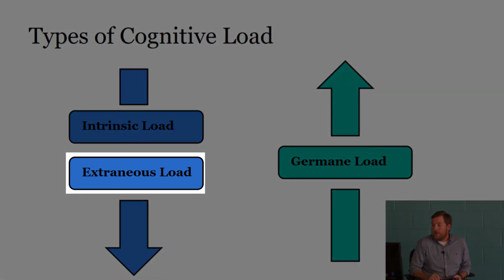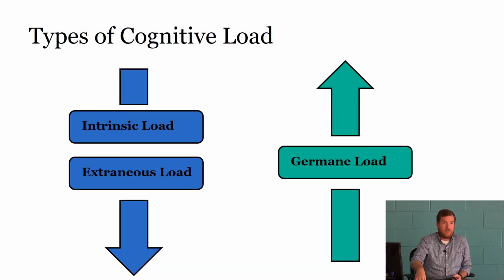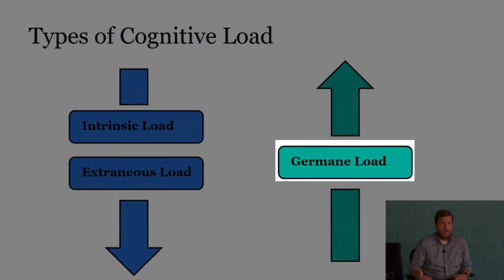Extraneous load are the things that we include in our instruction that do not directly add to knowledge acquisition or meaning-making structures. So it's the decorative stuff that we sometimes put in there that doesn't really do anything to communicate any meaningful content. And then germane load is all of the things that we do in our instruction that lead to learning, right?